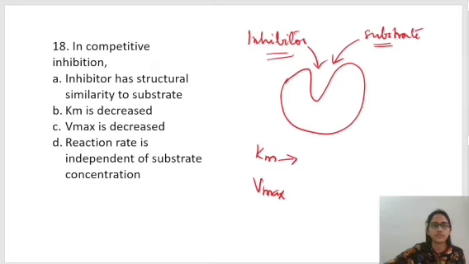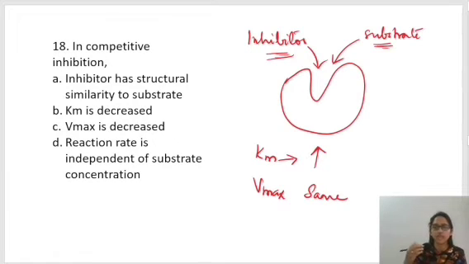If the inhibitor is a substrate analog and I increase the substrate concentration, then I can overcome the action of the inhibitor, and thus my Vmax can be unchanged.